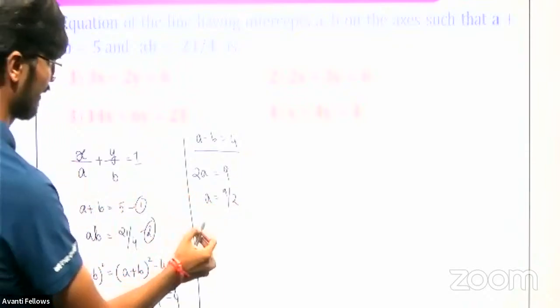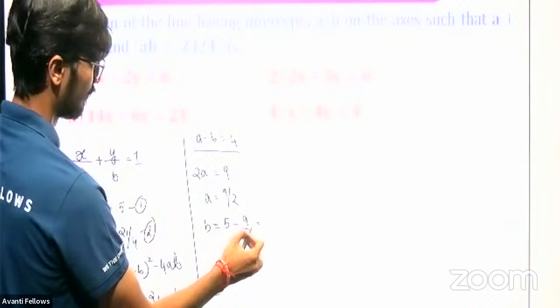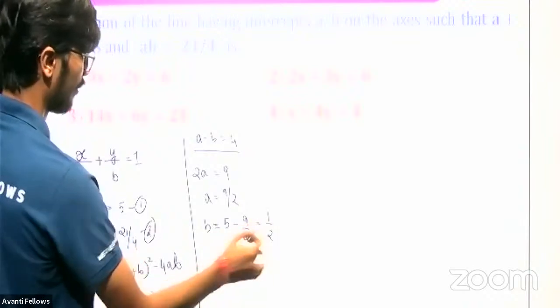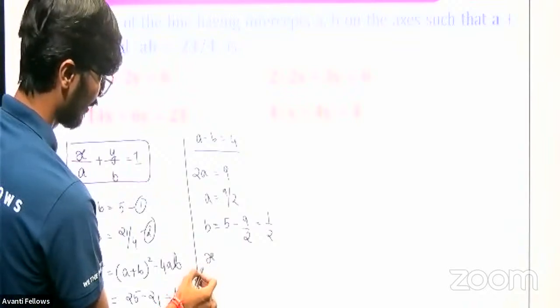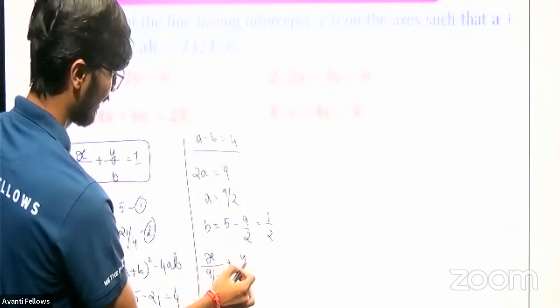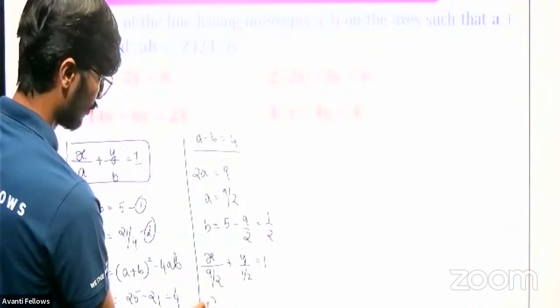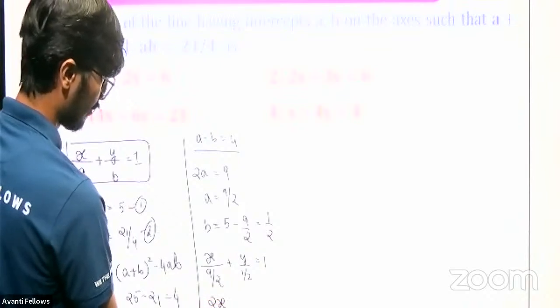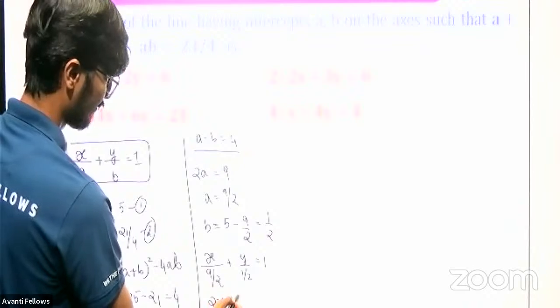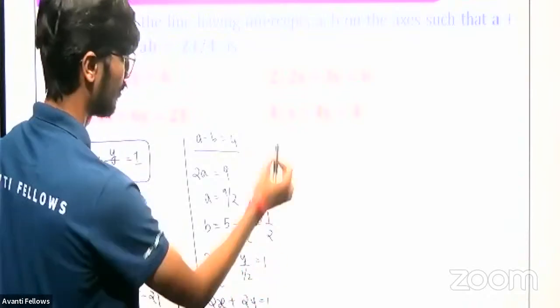And if a is equal to 9 by 2, let us substitute it anywhere. If I substitute in 1, I'll get b is equal to 5 minus 9 by 2, which is equal to half. So from this, my equation of line will become x upon 9 by 2 plus y upon half is equal to 1.